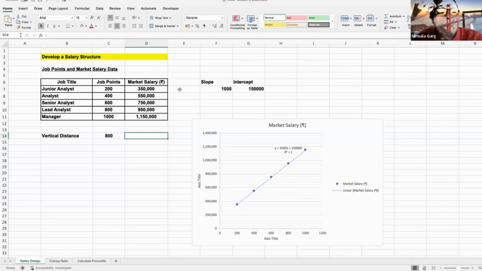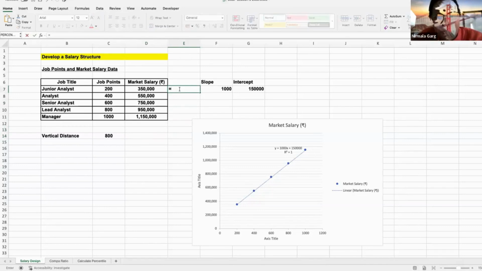Typically, when you want to determine the number of grades, you take the point value of the lowest job and the point value of the highest job, and you see the difference.